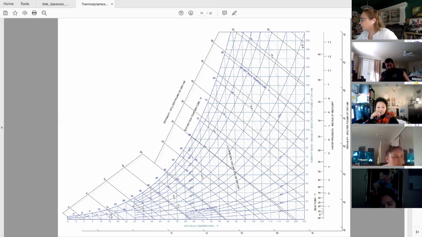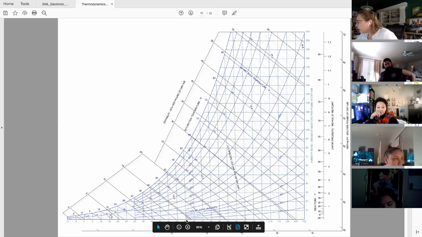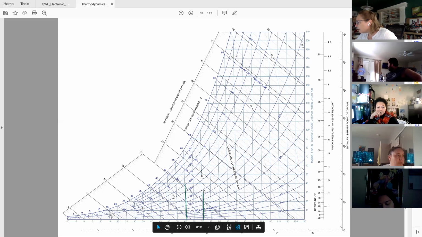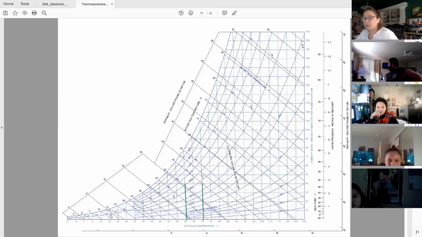Put that over there. So 60 at 50% relative humidity, and then we add 10 degrees to the temperature, so this is a sensible heat gain, the humidity is now less than 40% because we're not adding any additional moisture to the air.